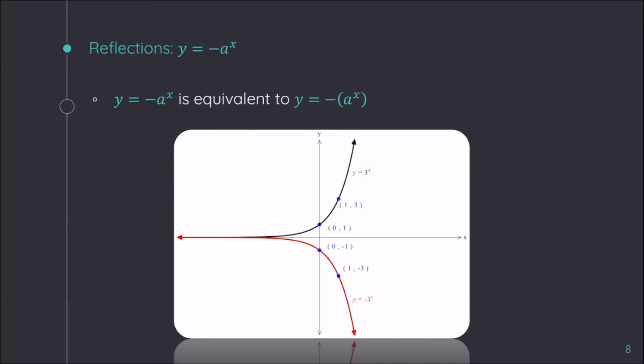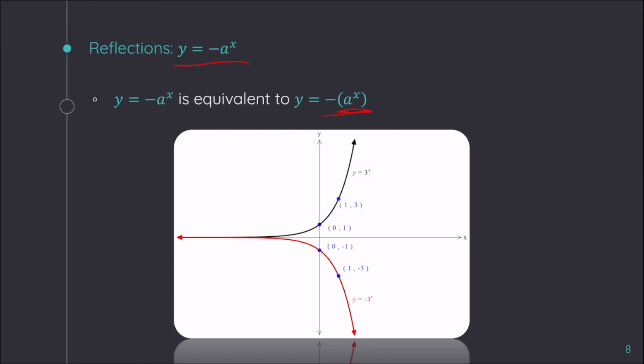Okay, now reflections. We're going to do actually 2 reflections and a combination of the 2 as well. So first of all, y equals negative a to the power of x. Don't forget, we do the index first and then the negative.